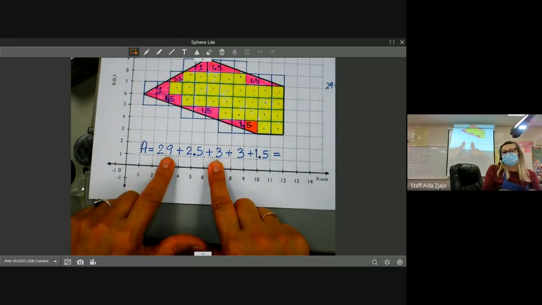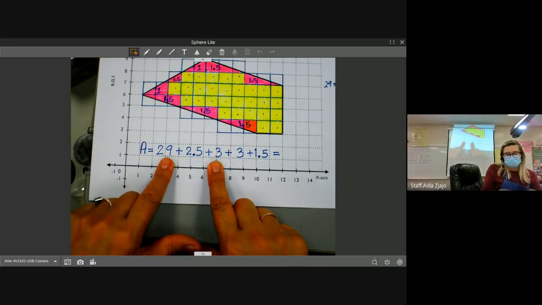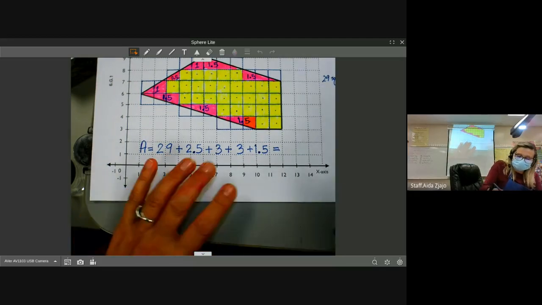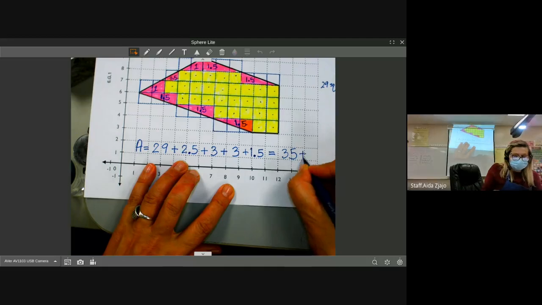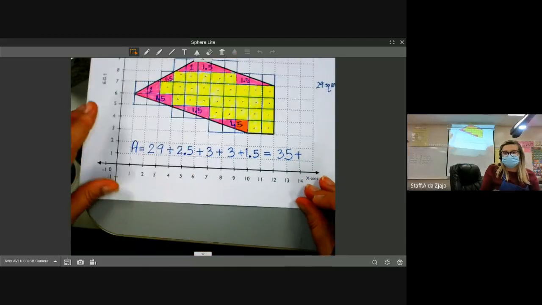Plus 29 is equal to 35. Absolutely correct, bravo. 35 wholes. And now I need to help myself calculate the decimals.